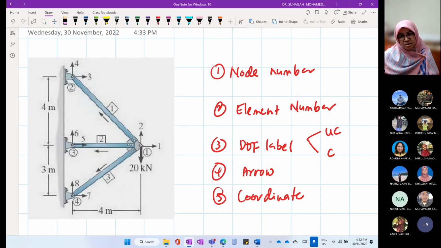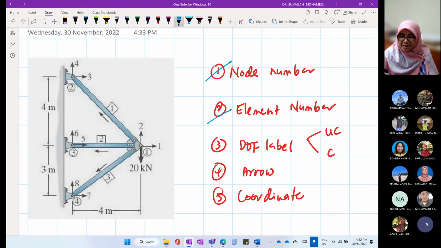And an element consists of 2 nodes, and each element has a near and far end. How we determine near and far end is by looking at the arrow that we put. Okay, node number done, element number done.